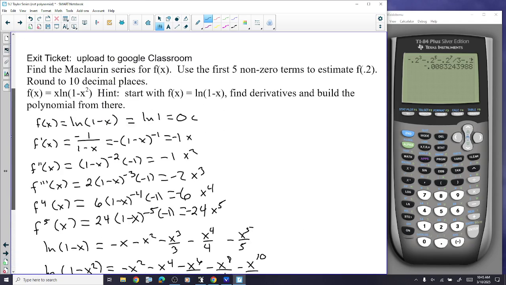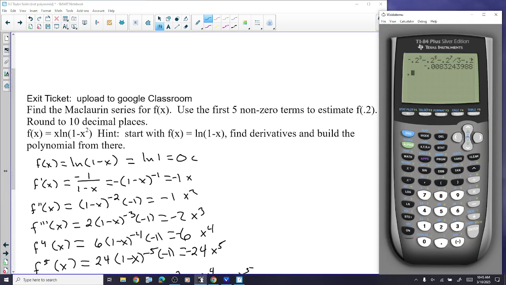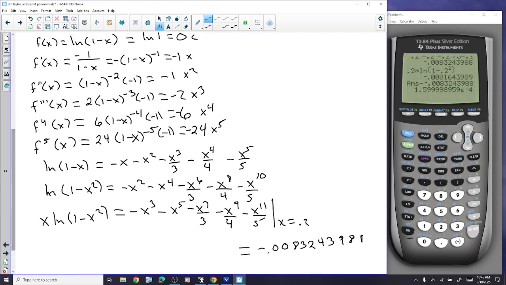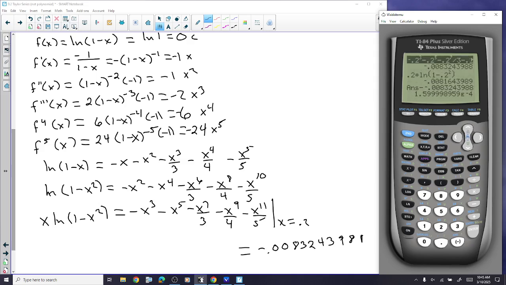So what is 0.2 times natural log of 1 minus 0.2 squared minus, I made a mistake somewhere. Anybody catch it? Oh, let me see. I have this.